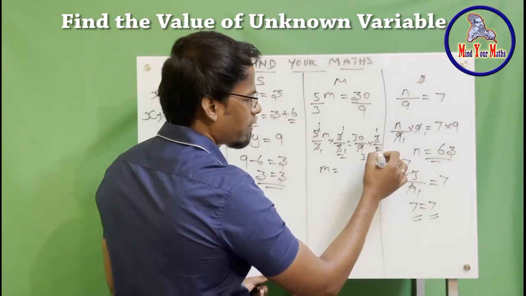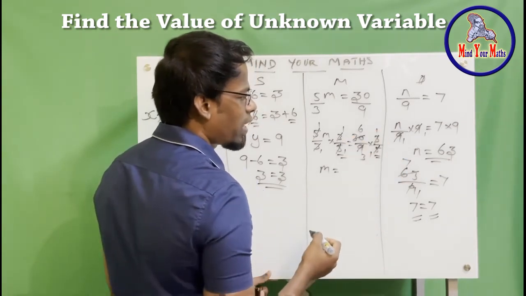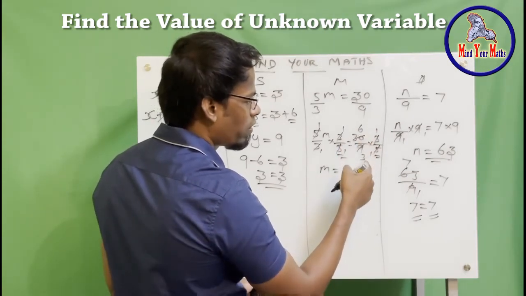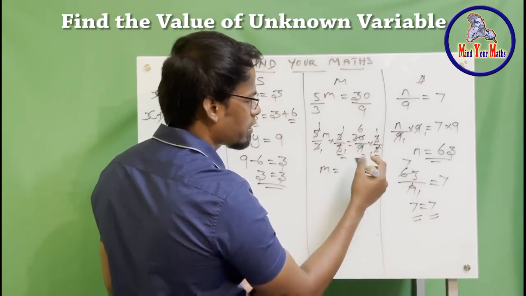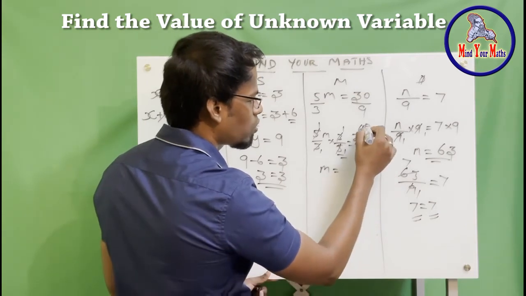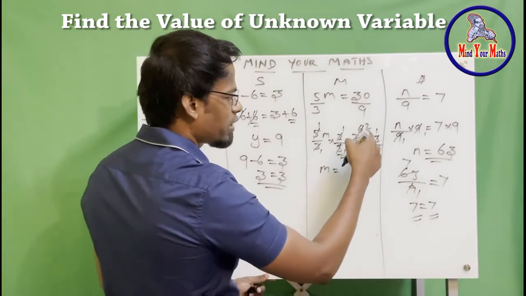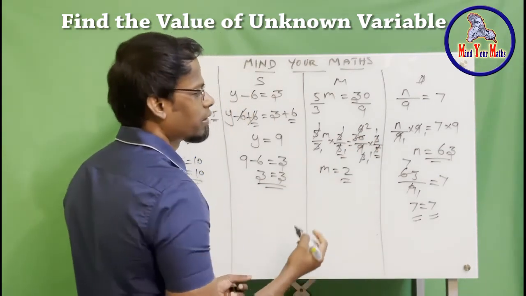Now let's take the 5. 1 times 5 is 5, and 6 times 5 is 30. Now between these two, we have one value on the numerator and one in the denominator. You see here, between these two, it can be cancelled to 1 times 3 is 3 and 2 times 3 is 6. Right? So m is equal to, yes, 2. So that is the answer.